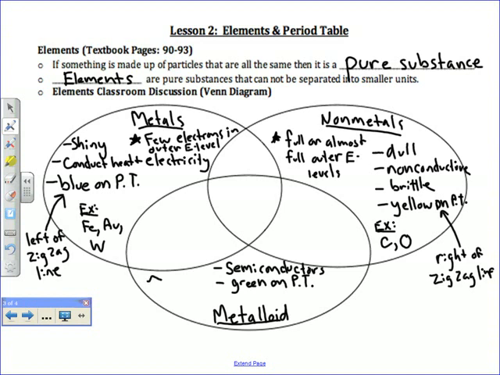With regards to their valence electrons, their outer energy levels, they have about half full outer energy levels. Examples of metalloids would be something like silicon, which is a good semiconductor. That's Si. And with regards to their location on the periodic table, they border the zigzag line.